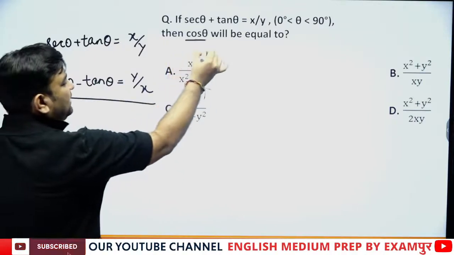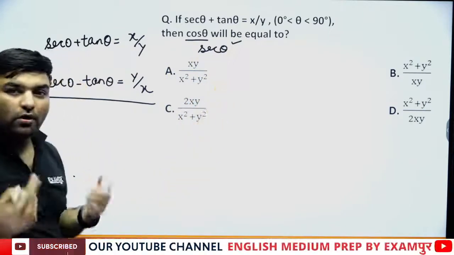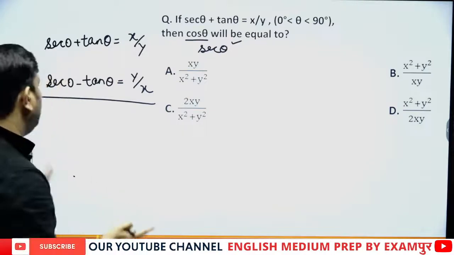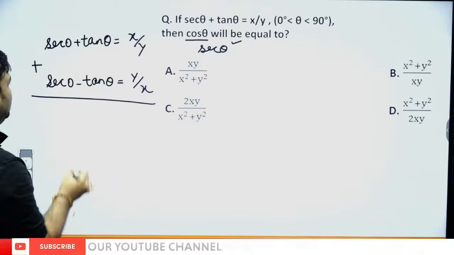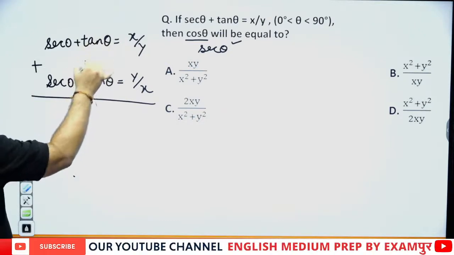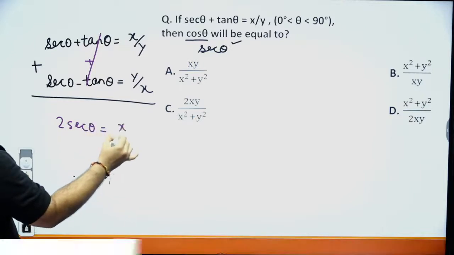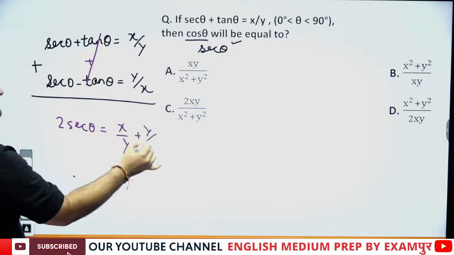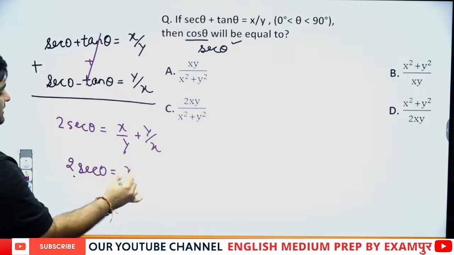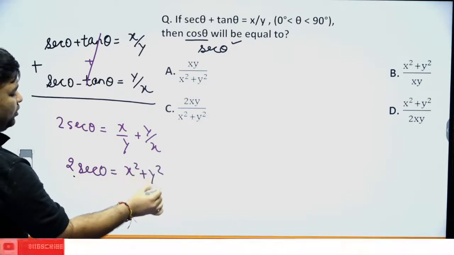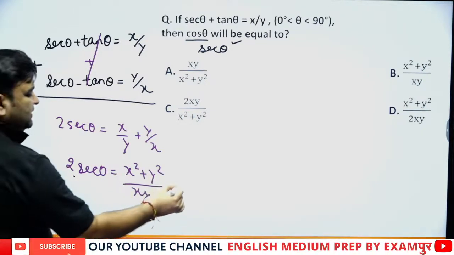For cos, I think finding out sec would be good. So I'm adding both the equations. Tan will cancel out and sec will add up. 2 sec theta is equal to x upon y plus y upon x, which is x square plus y square upon xy.